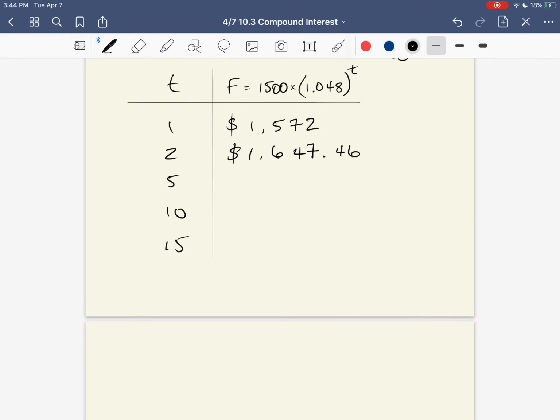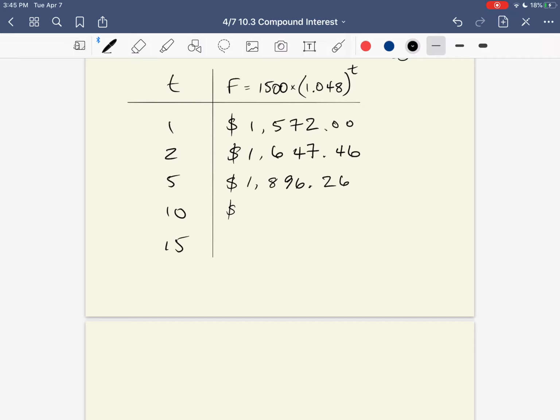So after 2 years, how much have you made? You can just subtract 1,500 from this to find that you made $147. Again, for 5 years, I won't do all of these for you because I've calculated them already. 1,500 times 1.048 raised to the 5th power is $1,896.26.